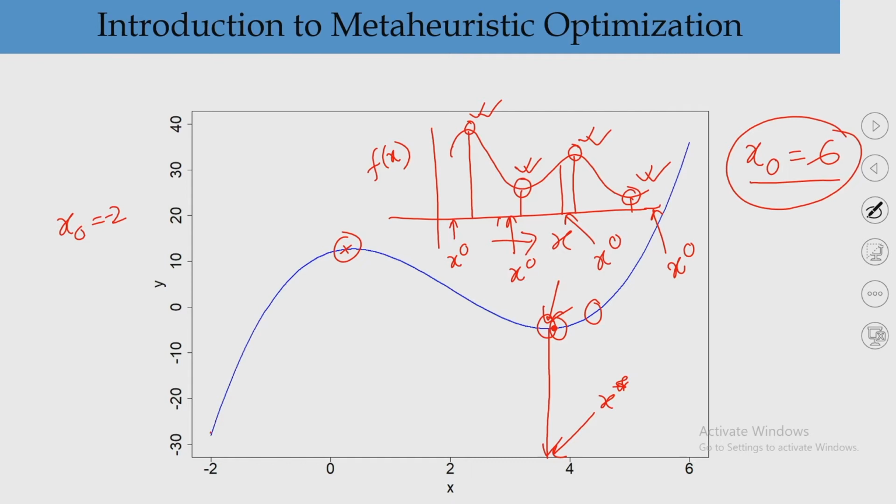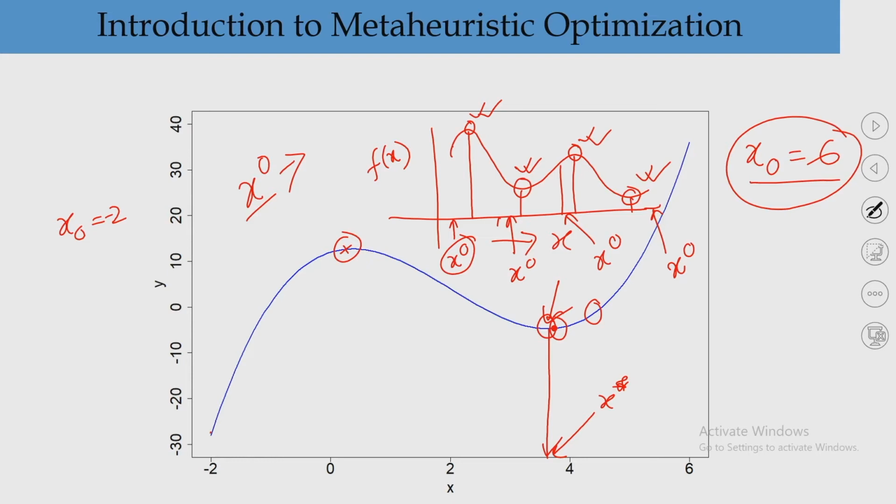Depending upon your initial solution, which you have to define as a user, this x naught value that the user has to define, depending upon what initial value you have provided to the algorithm, you will get one of these optimal solutions.